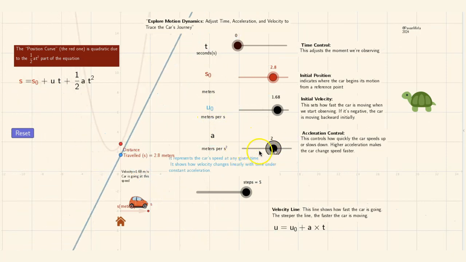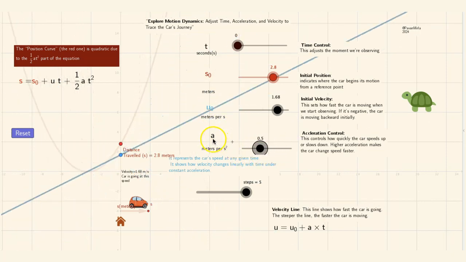Let's repeat: the car's velocity U evolves based on its initial speed and the car's acceleration. This is very important. The blue line reflects this, angling steeper with more acceleration.